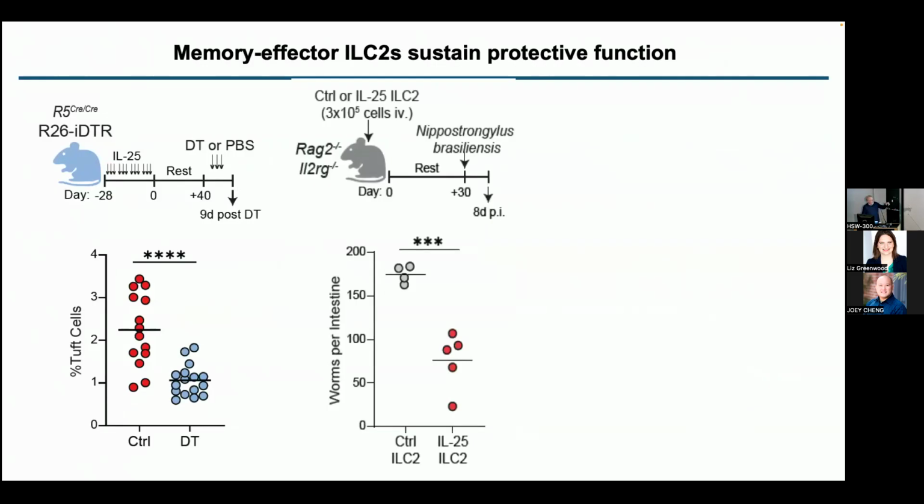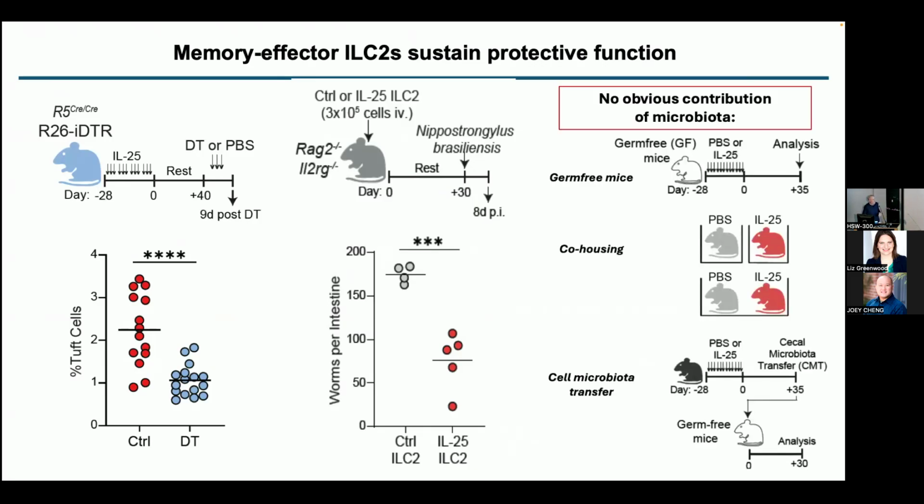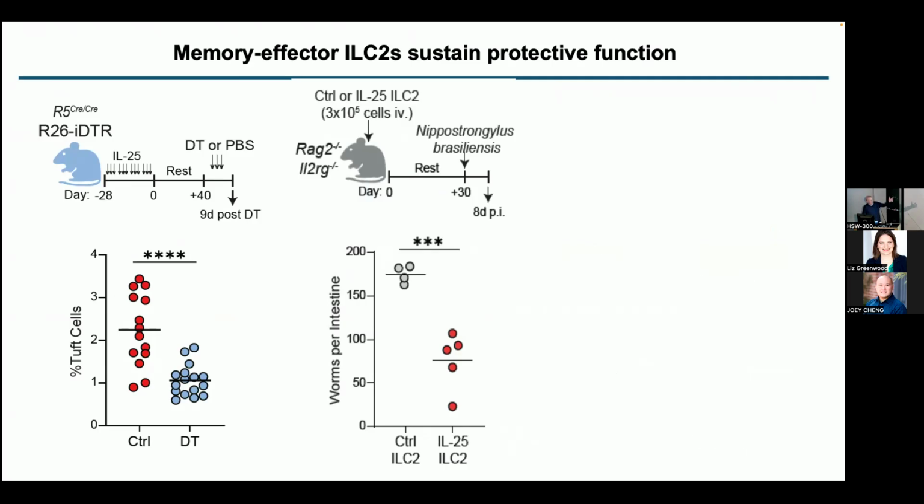So if you delete them by inducing DT, the tuft cells fall almost immediately, speaking to the fact that they're constantly driving this epithelial escalator. And if you transfer them into Nippostrongylus-infected mice, they protect mice that are lymphocyte deficient. So that's an important experiment because there's no niche for lymphocytes. So you might argue that, well, the ILC2s aren't making a niche and that's where they're required to sit and do their thing.